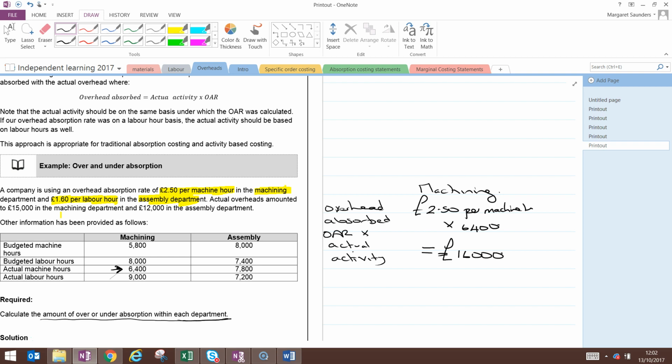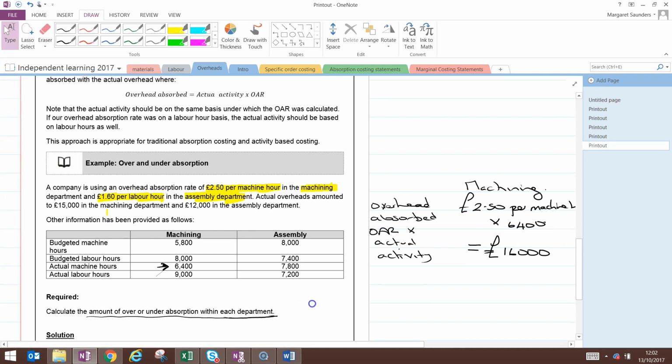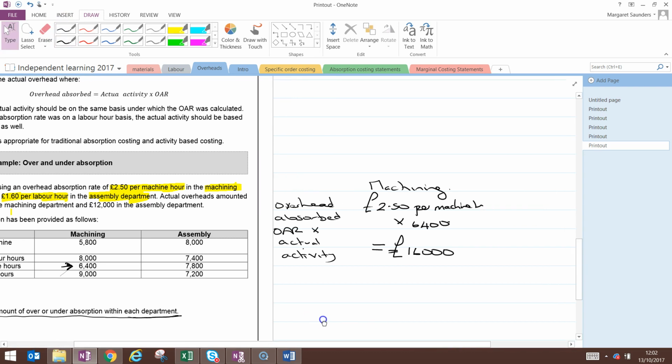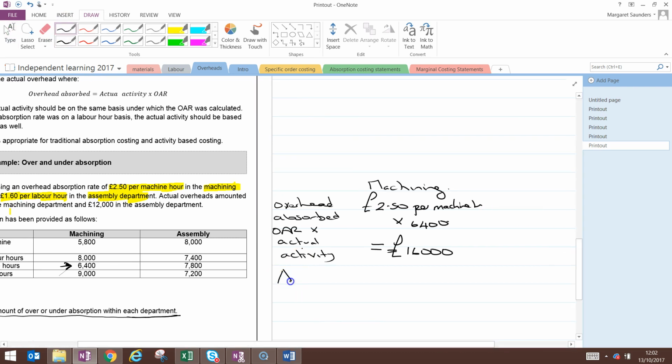So now we need to know, was that enough or was it too much? The actual overheads for the machining department were £15,000.